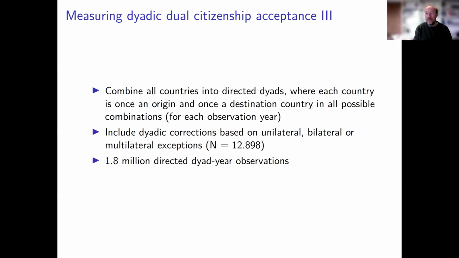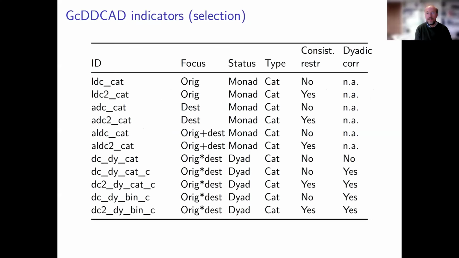Whether that is in line with international law is still to be seen, but this is an example of countries that make specific exceptions. Typically, these exceptions that we cover in these dyadic corrections will be liberal exceptions, so people who can have dual citizenship even though the general rule is restrictive.